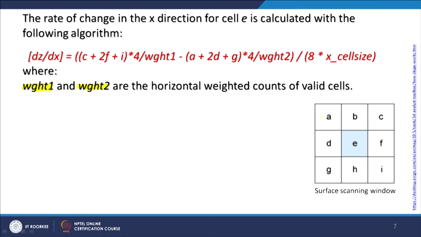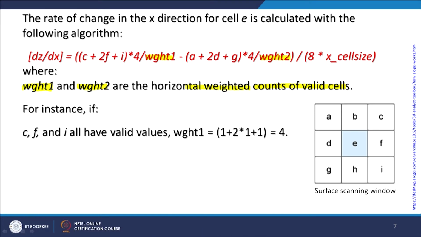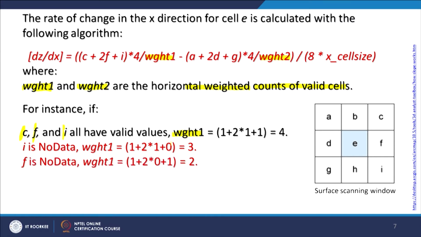So weight 1 and weight 2 are horizontal weighted counts for valid cells, here in the above equation, and for instance I may assign some weights here. For my kernel, if C, F and I all have valid values, they will have weight 1, like this, and if I is no data then it will have something like this, 0 is also there.